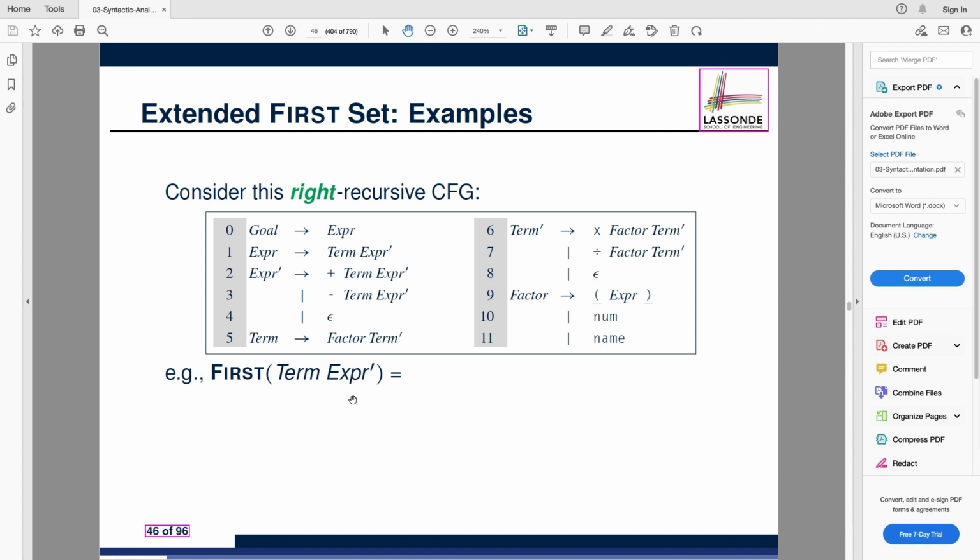This is a very simple case, but let me give you a little bit of intuition. In order to calculate the first of this particular list of components, we want to know what's the first of term for sure. That's going to be observed. When should we also consider the first of expression prime? When term itself is nullable.